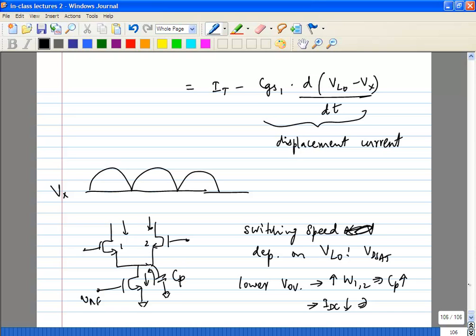The other thing to remember, as far as linearity analysis is concerned, you want your LO signal to be large and very sharp. Next we are going to look at noise, and what you will find is, as far as noise from the switches is concerned, you want your LO to not be sharp and not be very large. That's what we'll see. So there is again a fundamental trade-off between noise and linearity.